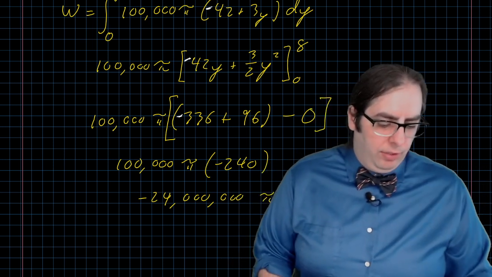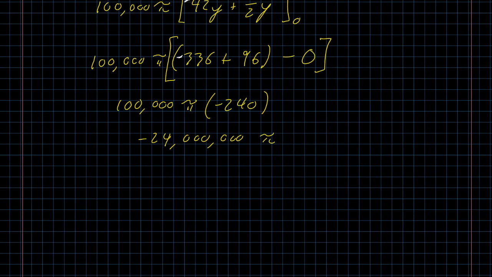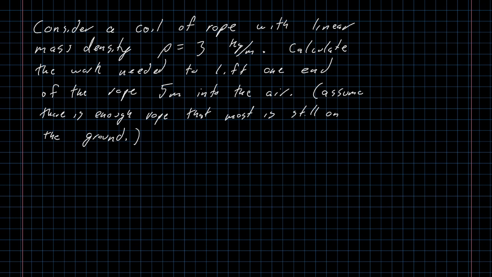I will end, as I so often do, with one for you to try on your own, which is definitely going to be easier than that last one. So let's consider a coil of rope with linear mass density rho equals 3, and I've even given you the units here, it's kilograms per meter. I want you to calculate the work needed to lift one end of the rope 5 meters into the air. And we'll assume that there's enough rope that most is still on the ground.